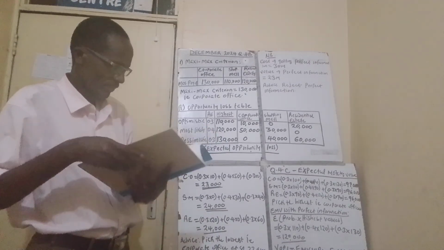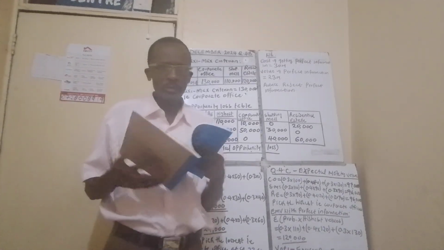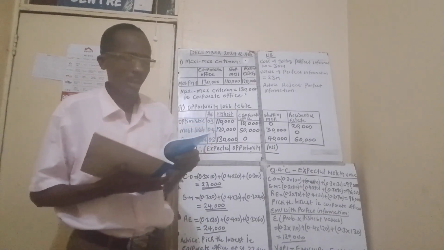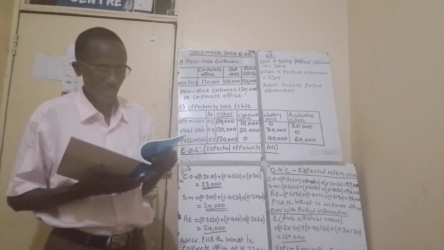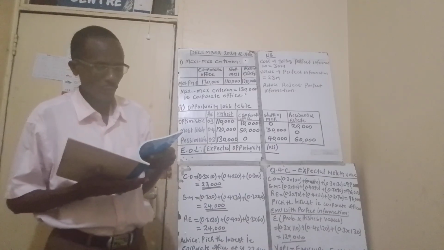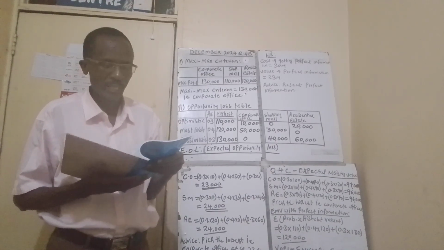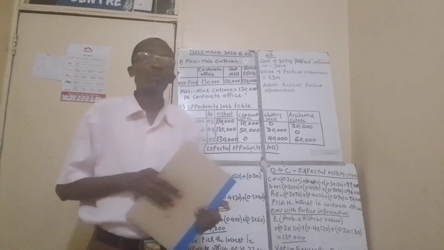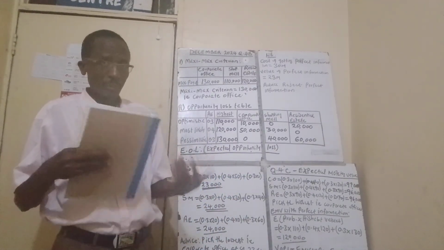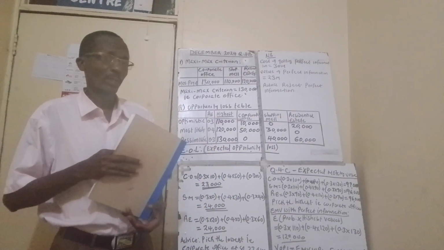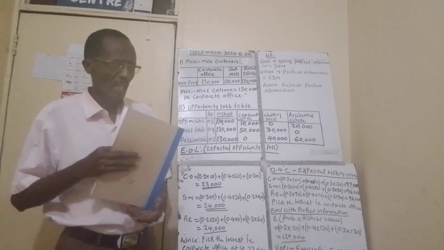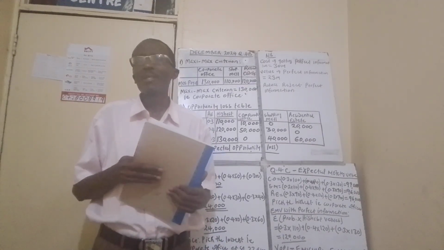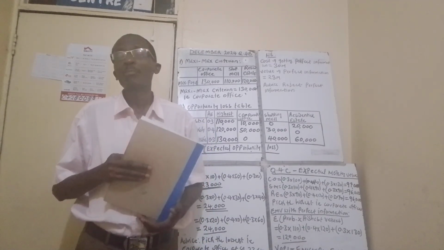Now, this chapter 3 is about planning and decision making techniques whereby we have cost volume profit analysis, that is CVP, for single product and also for multiple products. In the previous lessons last week, we did a calculation about how to calculate break-even point for multiple products.